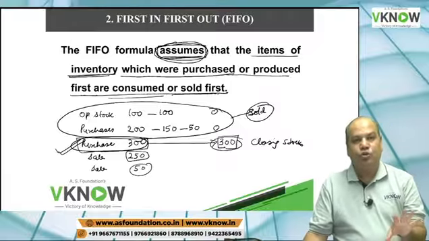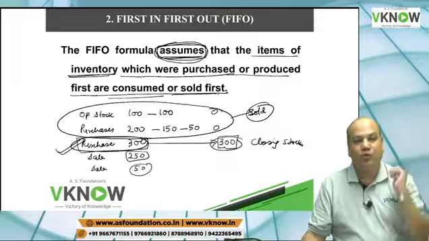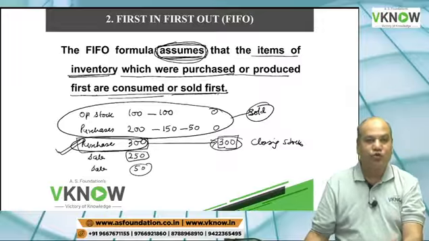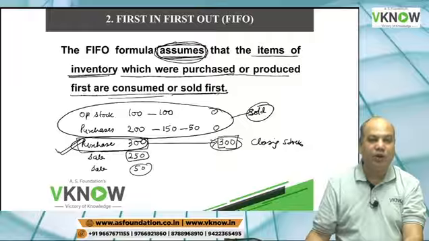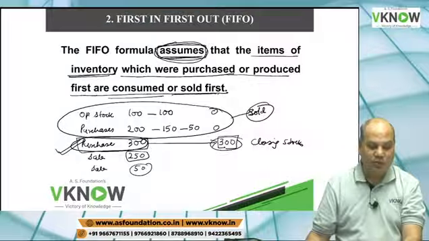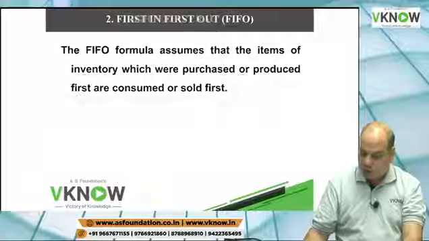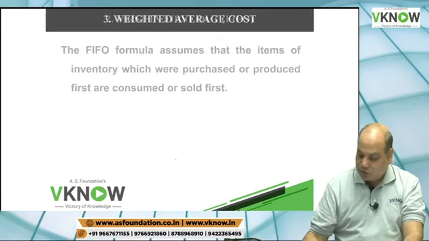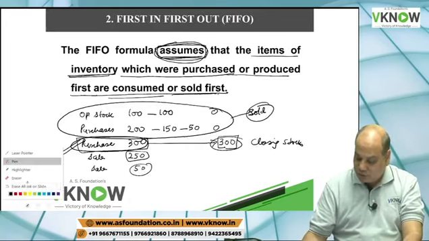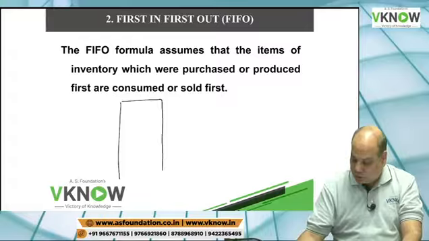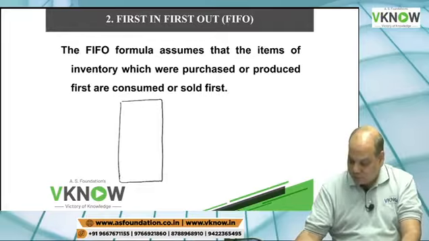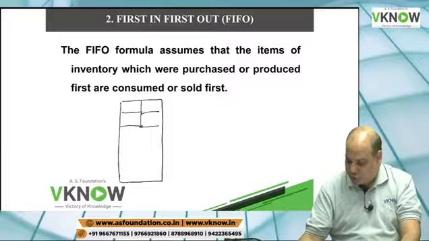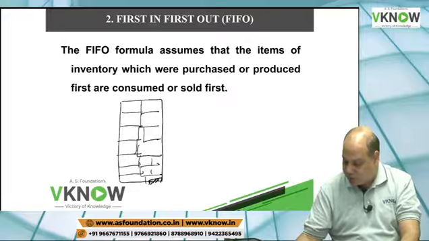Now this happens only in books, not in the actual godown. In actual godown, the movement of the goods will depend on the convenience of the storekeeper. Is it right? In actual godown, FIFO may not be followed. Suppose this is the godown, a long godown, and you have kept the goods here on both sides, and now only this much space is pending.